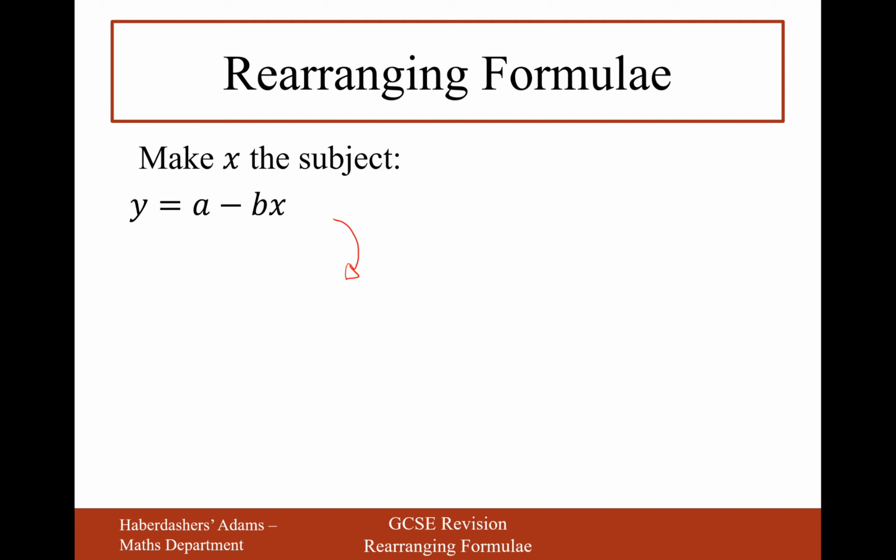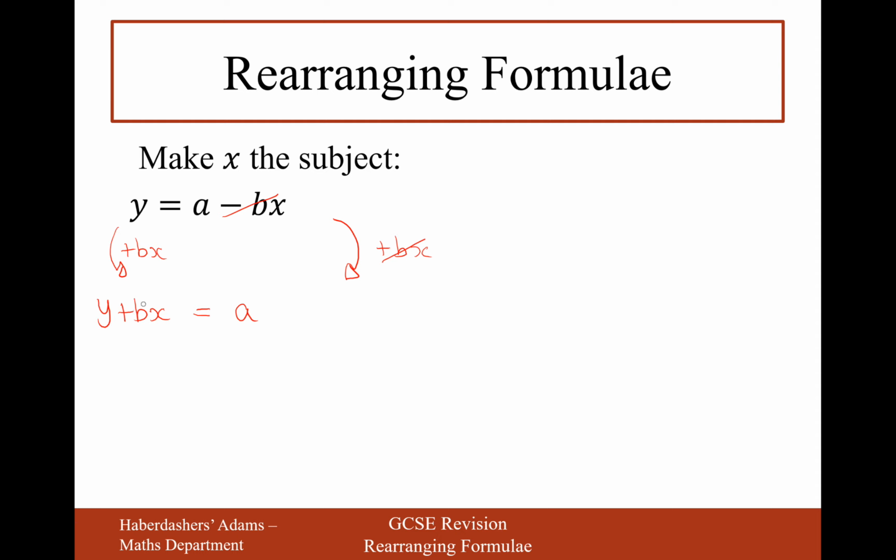What I'm going to do here is add BX onto both sides. So on the left hand side that will give me Y, add BX. And on the right hand side it will give me A, take away BX, add BX, and those two things will cancel each other out. So I'm left with A.